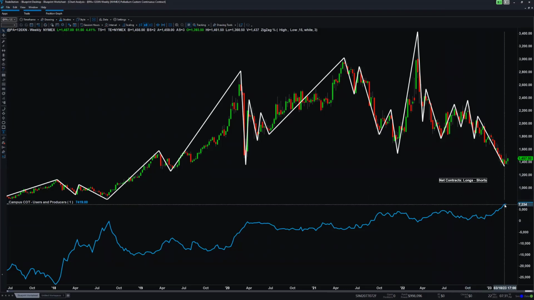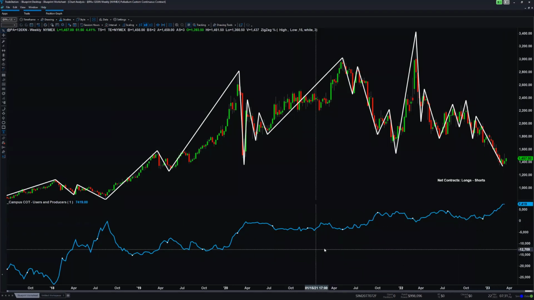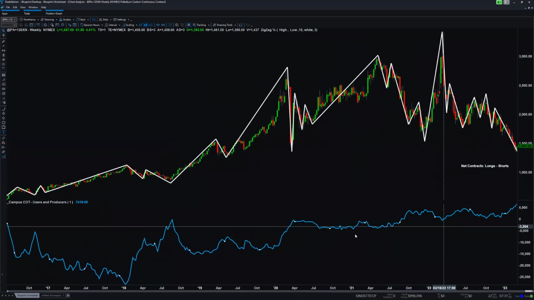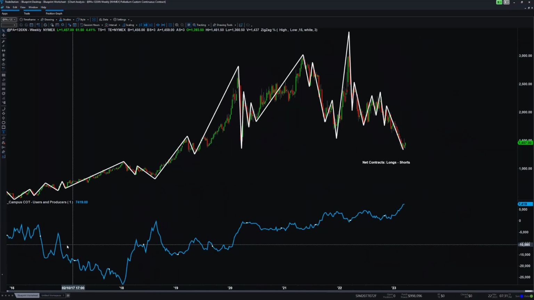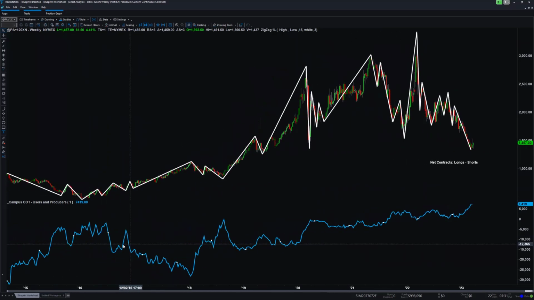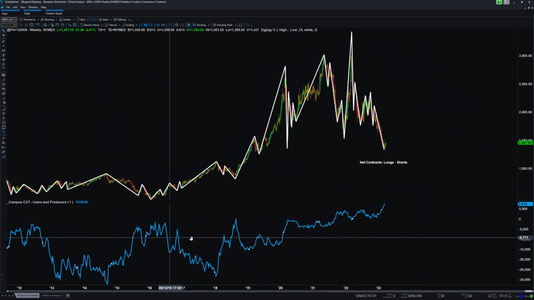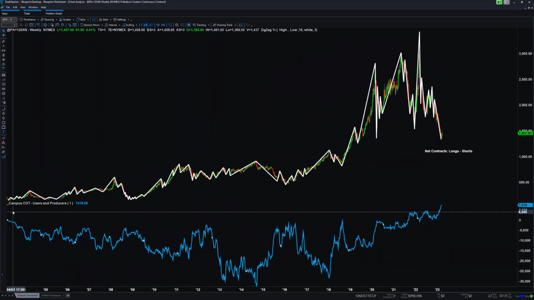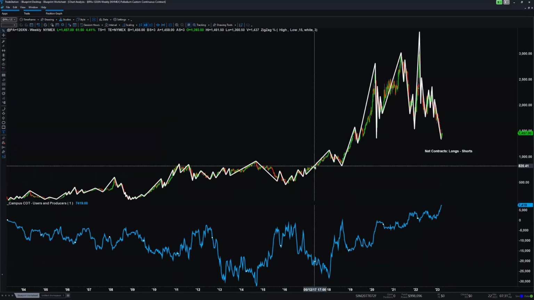So now we're getting a line graph. And what we now can do is we can now track and study the activity of the commercials, the users and producers throughout history and then throughout time as well. So you can see now I get 20 years of data in terms of what the commercials are doing in interplay with price.